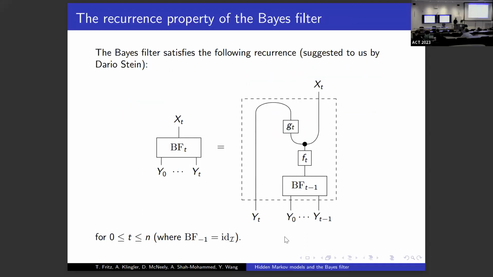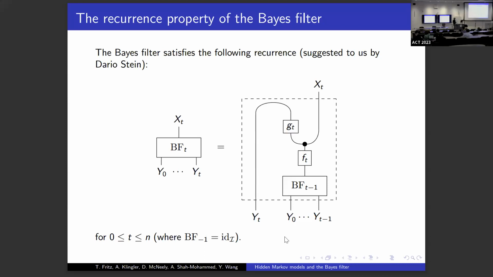So that's nice, but that's a definition. And in practice, it can be pretty hard to calculate because you've got this massive conditional. So we have a nice little recurrence that we can use to construct the Bayes filter at time t from the Bayes filter at time t-1. And I'd like to thank Dario, who's also here, for suggesting this construction to us.